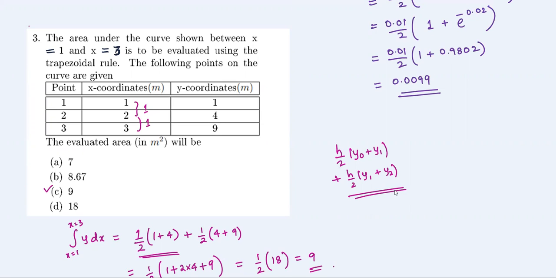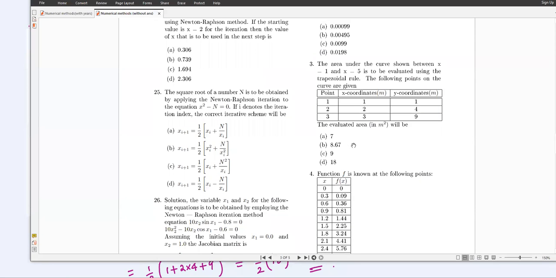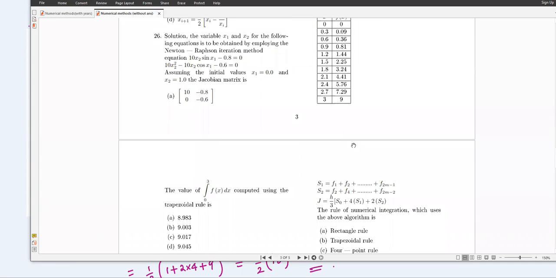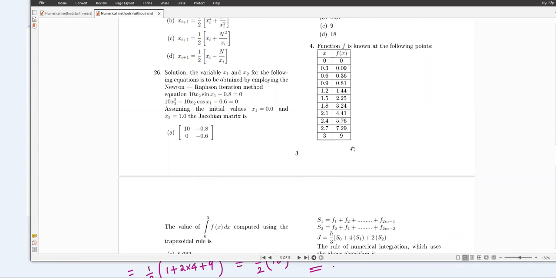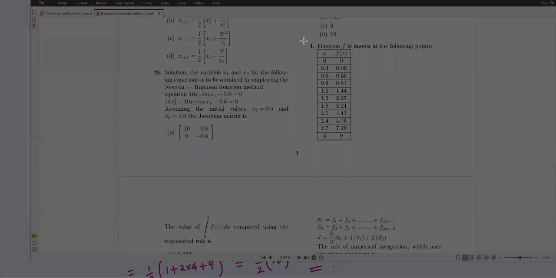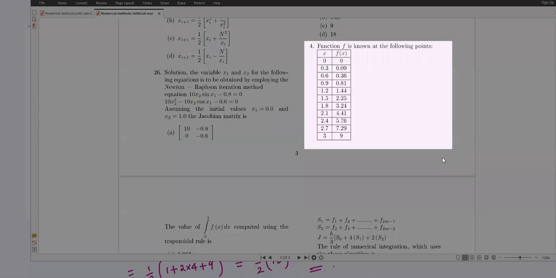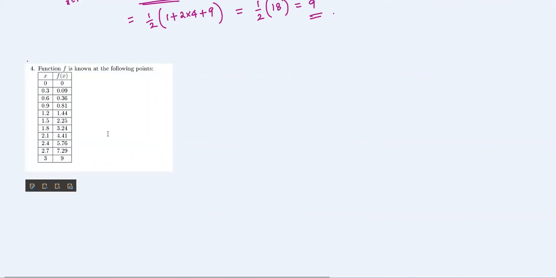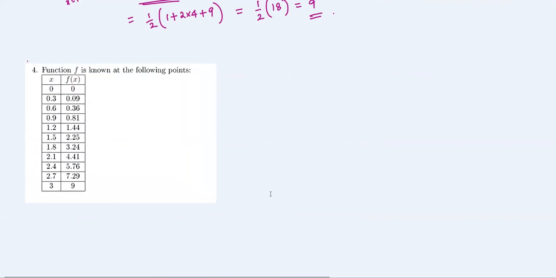Okay, we'll do the next problem on trapezoidal rule. These are the intervals given. Function f is known at the following points.